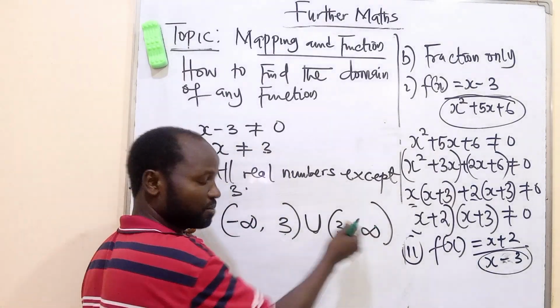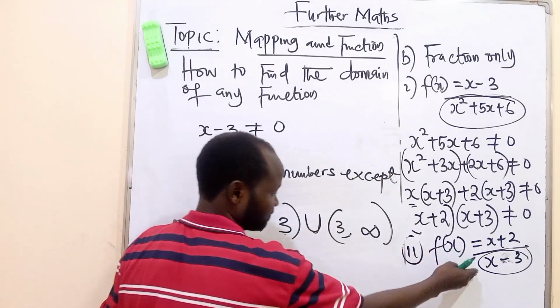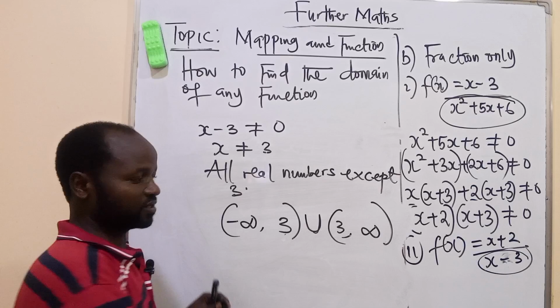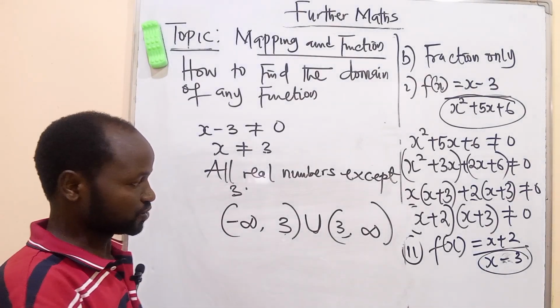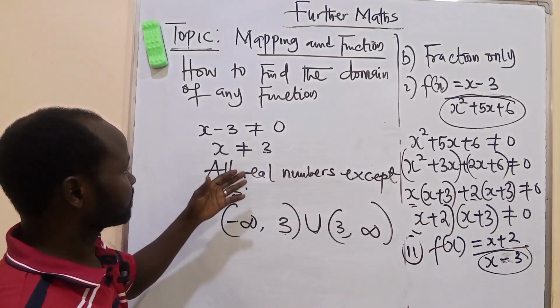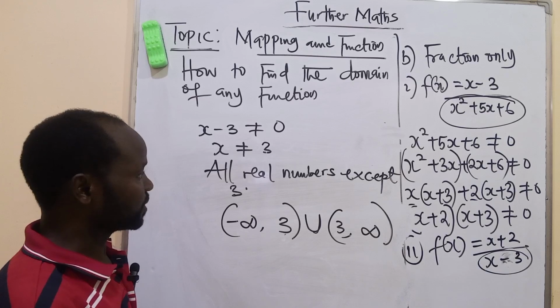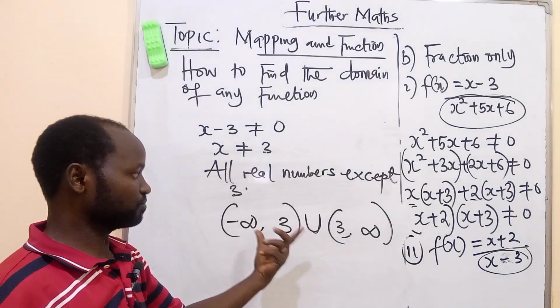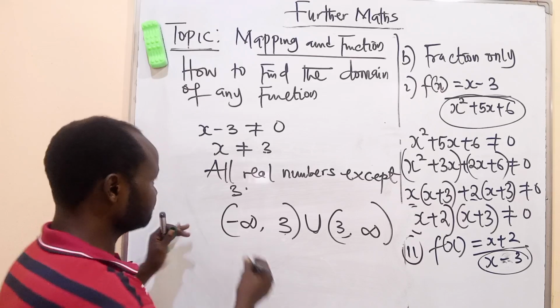The same thing here, any positive number we plug into this function will make the function defined, but not 3. So we can use this interval notation to state this domain. So the domain is all real numbers except 3, or we can use this interval notation.